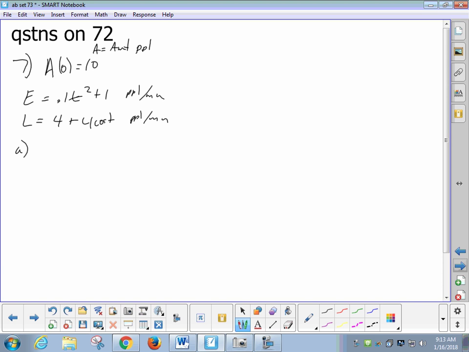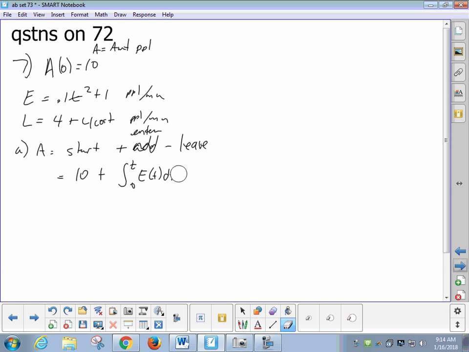Wouldn't you agree that the amount of people in the store at any time T would equal start plus add minus leave, or enter minus leave? So the starting amount is 10. The number added is the rate at which they're added, E of x, times a small time interval, adding all those results from 0 to T. Since I'm using T up there, I can't use it down here.